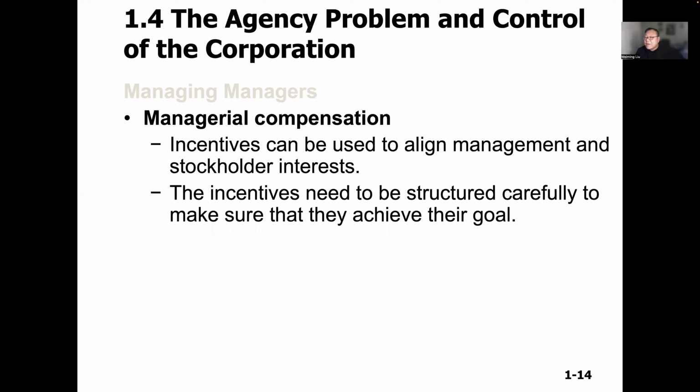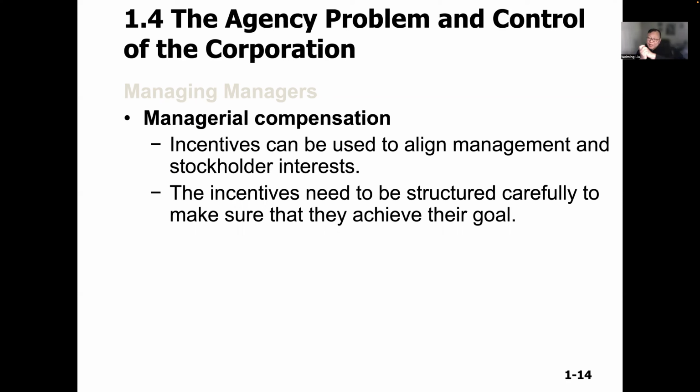A company may have a contract with the CEO saying that at the end of this time, if the stock price is at this level, you are going to receive a bonus.